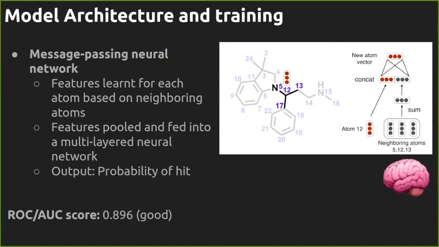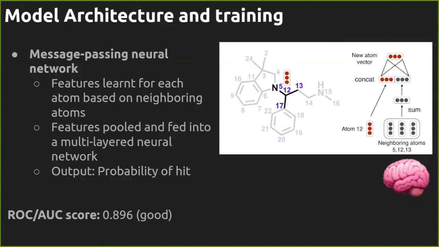Once a learnt feature is calculated for each atom, then they're pooled into a fixed sized vector that is a list of numbers that's some function of all of the atomic features that were previously calculated. And then that list of numbers is fed into a neural network, which I will address another time. But the end result is it outputs a probability of a hit.